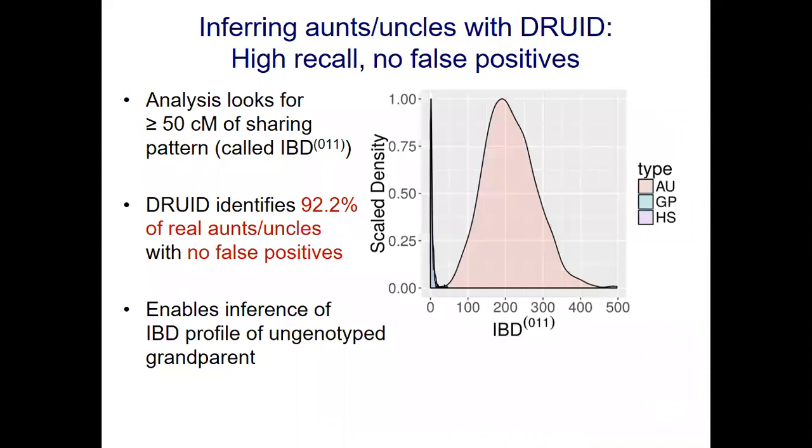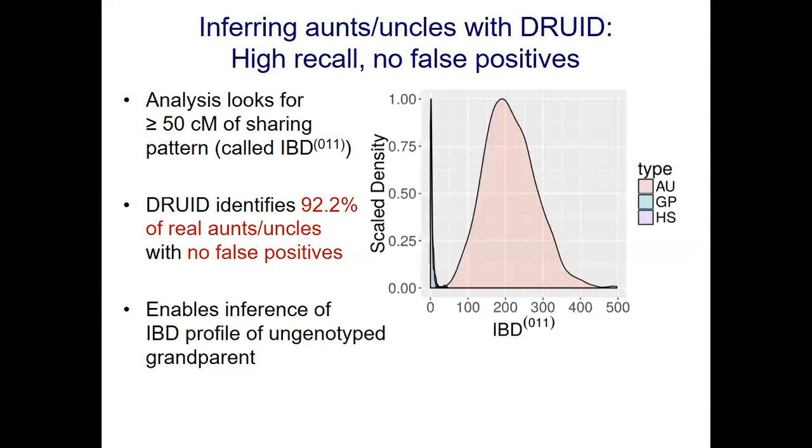And if you don't know what that unit is, there's roughly 3,000 centimorgans in the human genome. So it's a fairly small fraction as a lower bound to infer aunts or uncles. But as you can see here on the right, only aunts or uncles, as compared to grandparent, grandchild, and half-sibling relatives, really have substantial fractions of this IBD011 quantity.